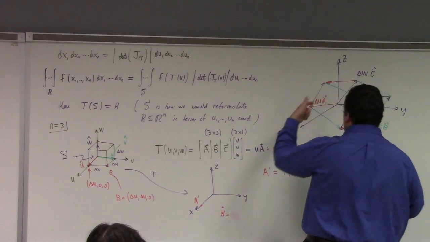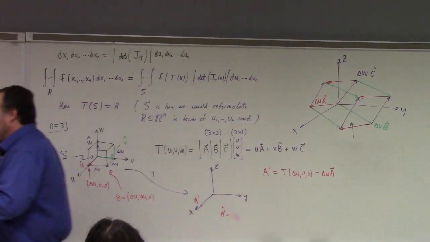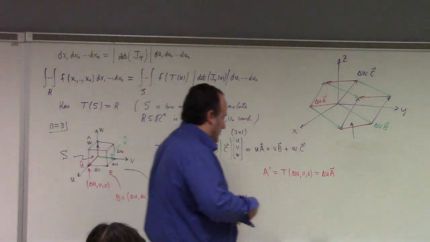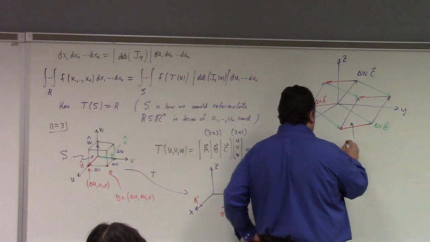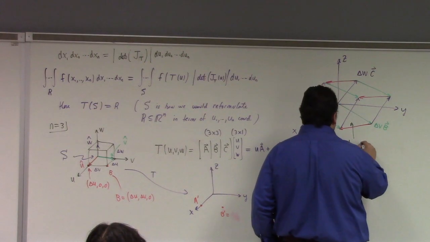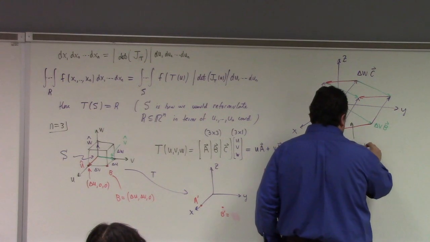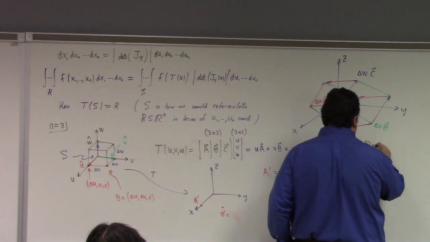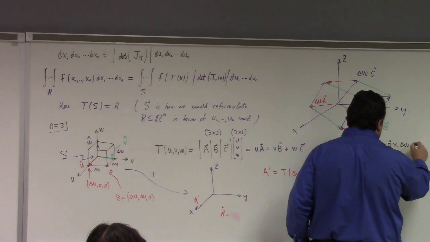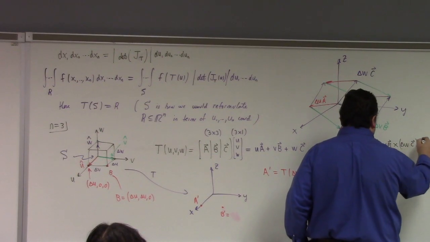So what is the volume of this? It's not just A, B, and C. It involves what? The changes of the input cube, right? So the volume would be the absolute value of delta U times A, dotted with delta V times B cross delta W times C, right?